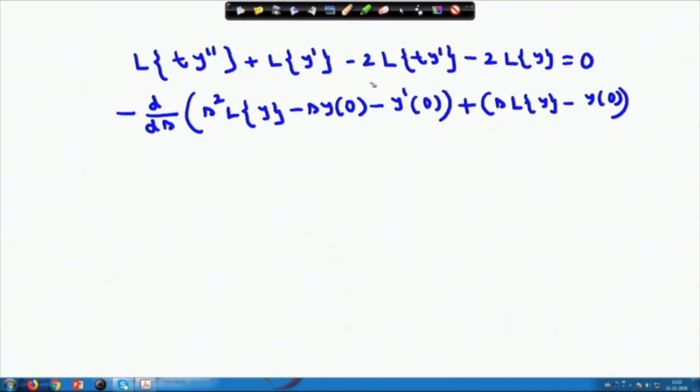Your next term is minus 2 into Laplace transform of t y dash. This Laplace transform of t into y dash is again minus d d s of this thing.